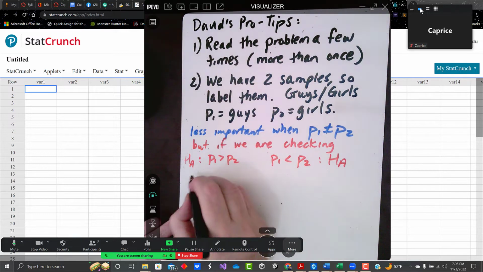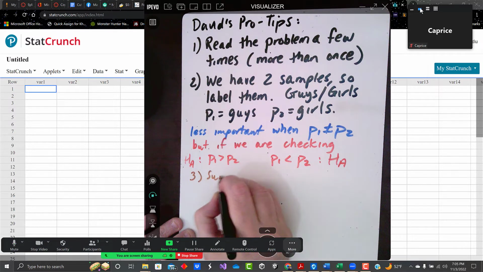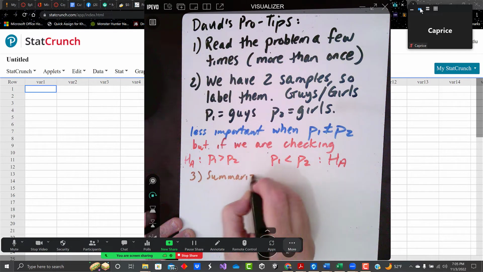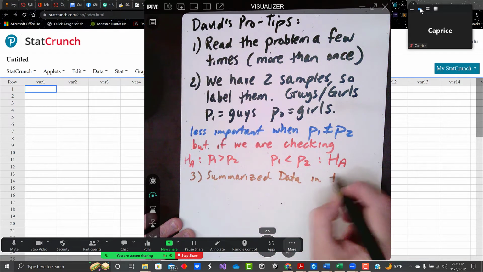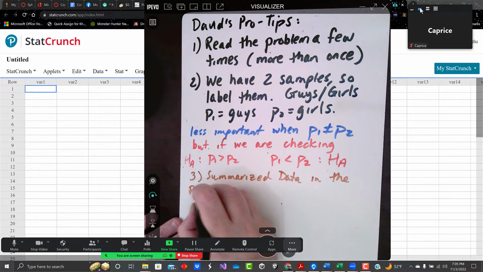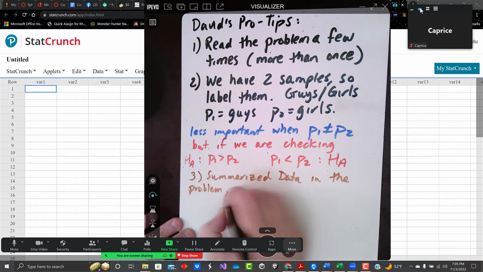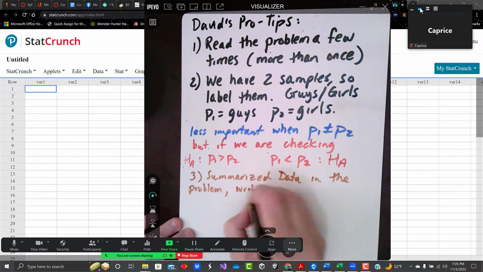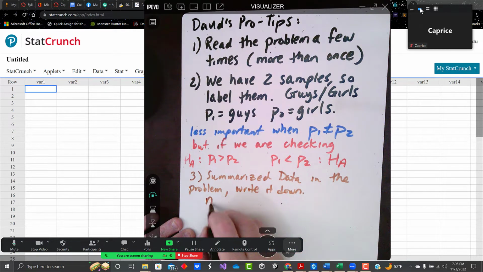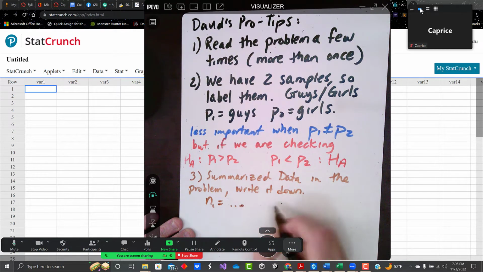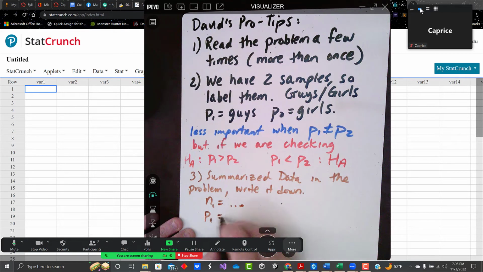When they give you summarized data, write it down. N1 equals dot dot dot. P1 equals dot dot dot.